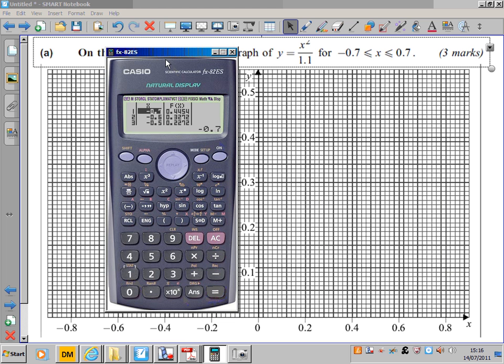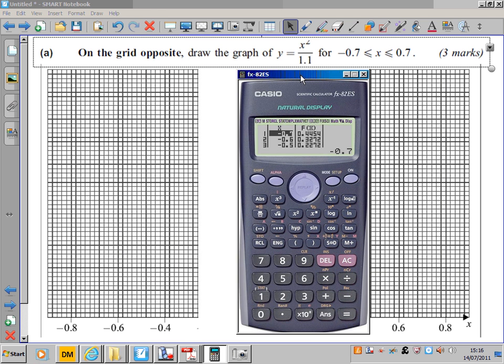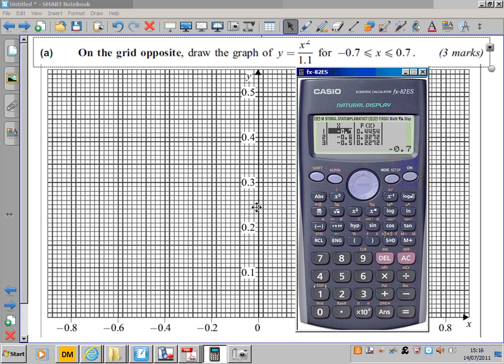Okay, so that gives me my table of values, and I need to plot the points on the graph on the grid. So the first point I've got to plot is minus 0.7, 0.4454. Now if I look at the axes, I can plot minus 0.7, that's there, but I can't plot 0.4454 because my axes only go up in 0.01.